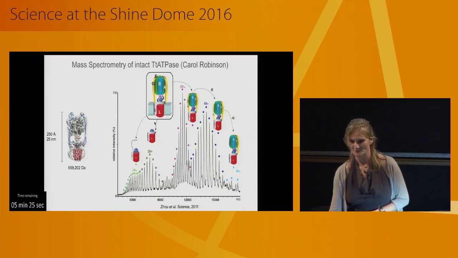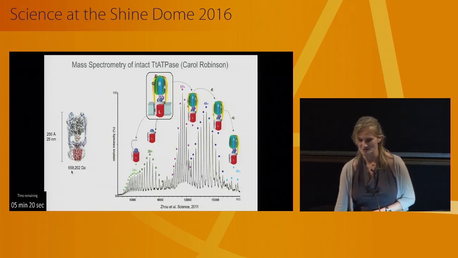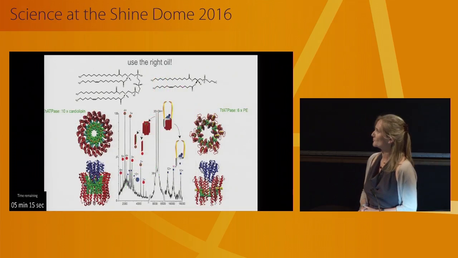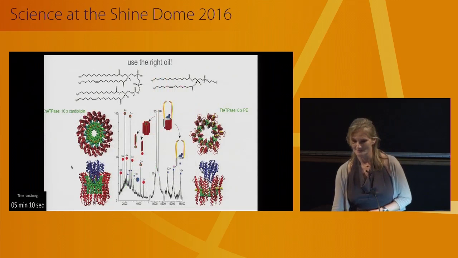We confirmed the number of plates in the membrane and the weight of the intact molecular machine, which is 660 kilodaltons. But most importantly, Carol's group found that different types of rotary ATPases bind specific lipids to the turbines.